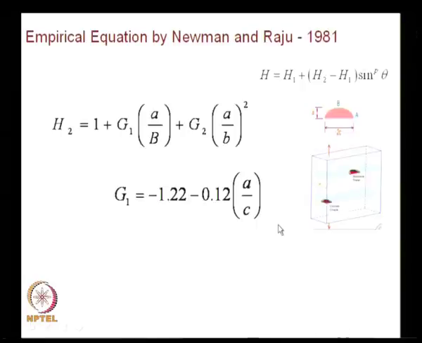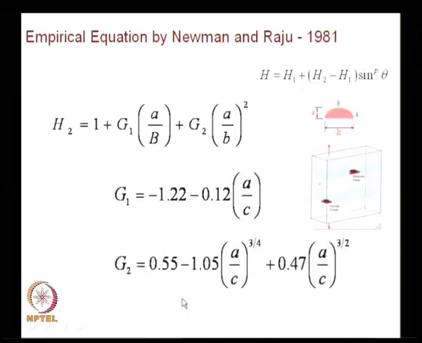Then the function g2 is given as 0.55 minus 1.05 multiplied by a by c whole power 3 by 4 plus 0.47 a by c whole power 3 by 2.